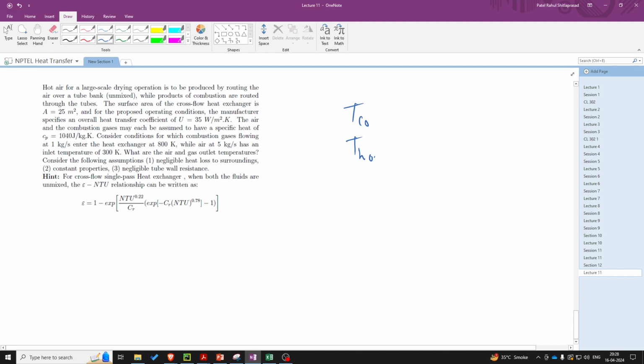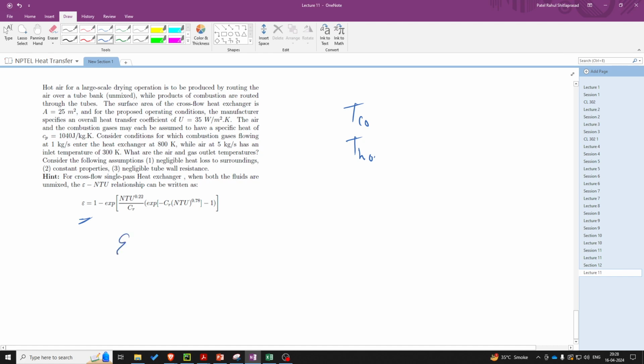So in order to calculate this effectiveness based, first we need to find C minimum as well as C maximum, and from that we can calculate the value of NTU. From that again we can calculate the effectiveness, and then on the basis of the effectiveness, that is the formula of effectiveness.